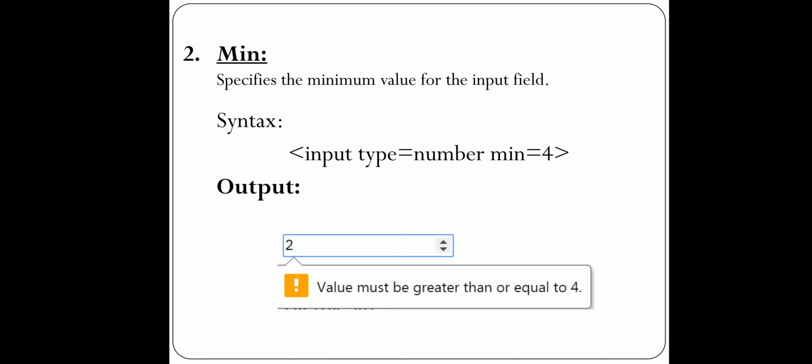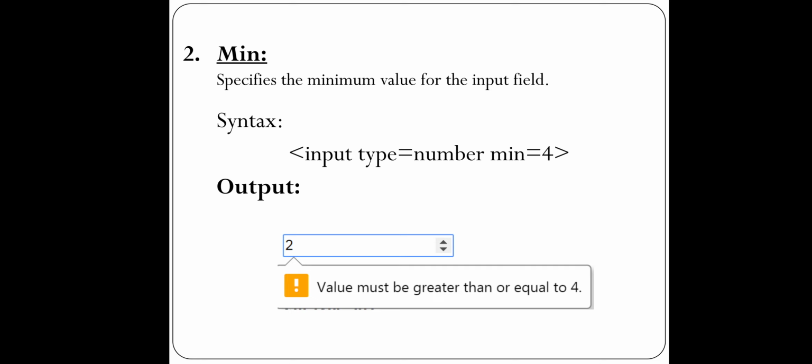So if you see in the below syntax, input type equal to number means you will get a text box which is expecting a numerical value, but we are using some restriction on it. MIN equal to 4 means whatever value you enter, it has to be greater than or at least equal to 4, not less than that.